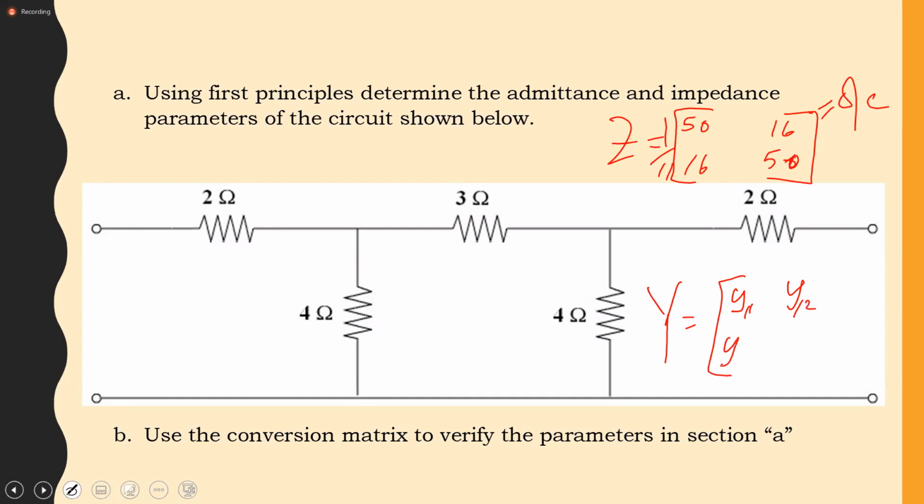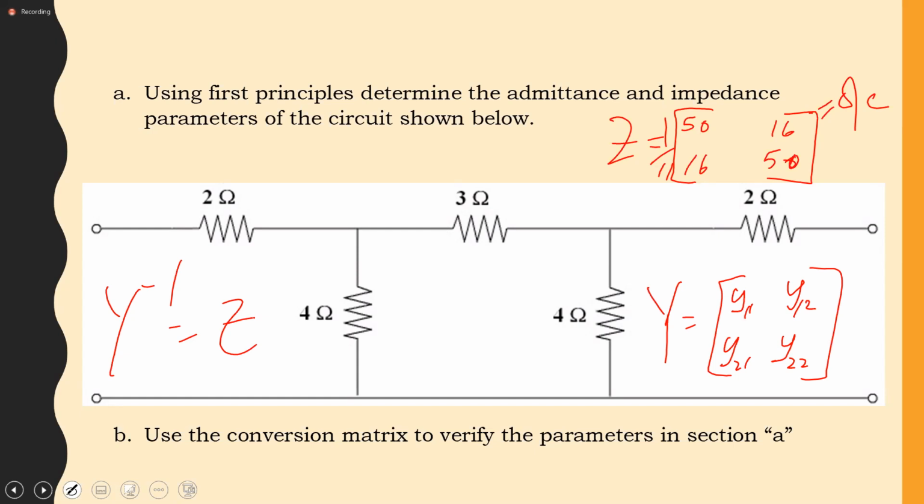So you're going to find the Y parameters, again from first principles. Yes? And once you have that, then Y inverse, whatever this works out to be, must be equal to Z. So that's how you compare. That's how you determine whether or not what you have done is correct.